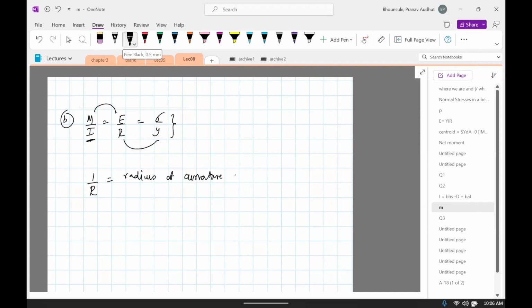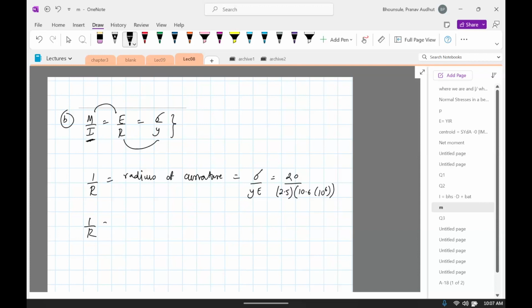It's simply sigma divided by y times E. Sigma is 20 ksi, y is 2.5 inch. E is given to be 10.6 times 10 raised to 6.